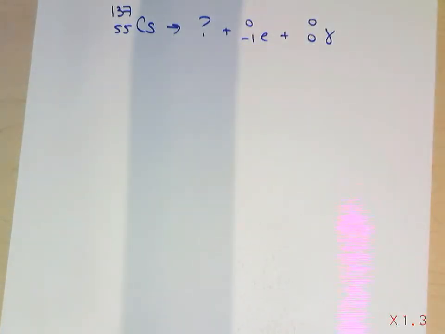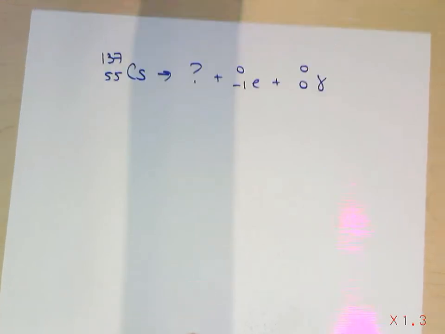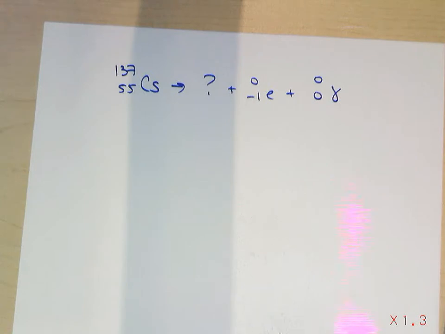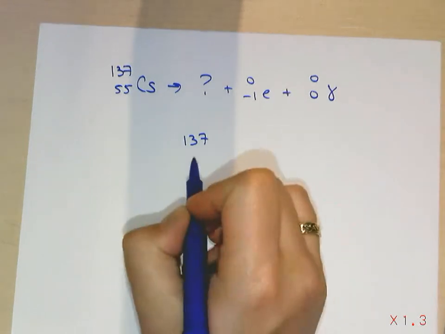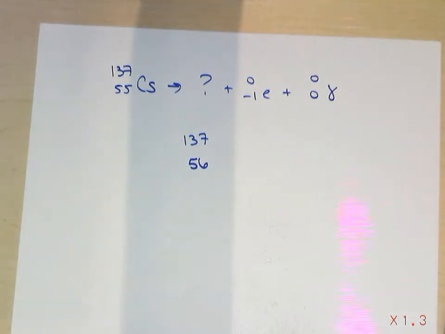So I have this nuclear equation. What would the atomic mass be of this product? The same, right? Still 137. What is the number of protons? 56. Is that a new element? Yes. How do you know it's a new element? Didn't change weight. Change the number of protons, right? And that's the guy who decides if it's a new element or not.